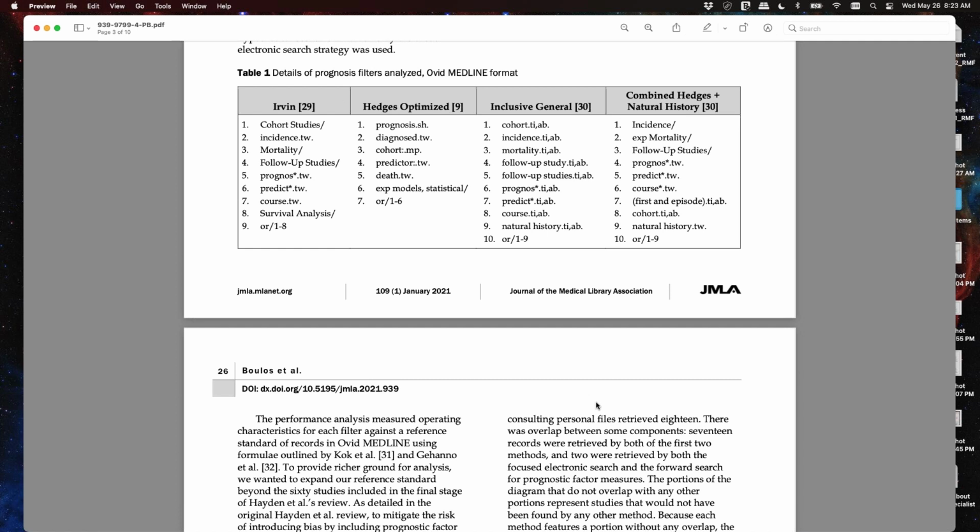Yeah, Robin. Oh, I was going to agree to a point. They do share some terms, and like you said, like the instance of prognosis, where in one instance it's a text word, and in another they've got it as a subject heading. That's more common, but the term death only appears in one.